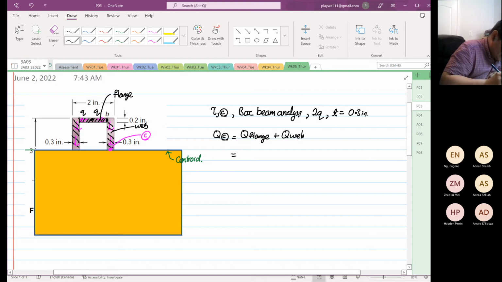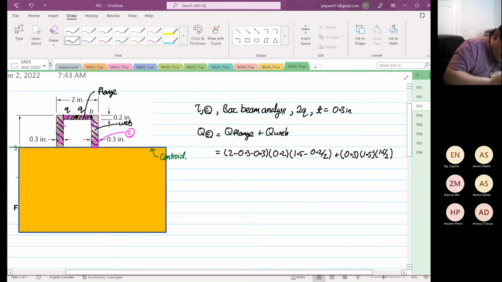So the width is equal to 2 minus 0.3 minus 0.3. We knew that. And the depth is 0.2, y bar 1.5 minus 0.2 divided by 2, plus the width is 0.3, the depth is 1.5, the y bar is 1.5 divided by 2, that we know. Okay, so this is equal to 1.4 times 1.2 times 0.2 is 0.392.